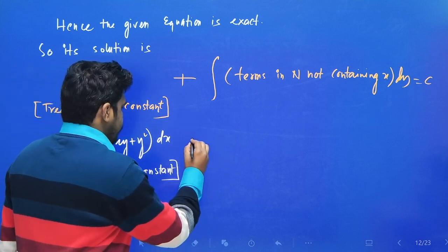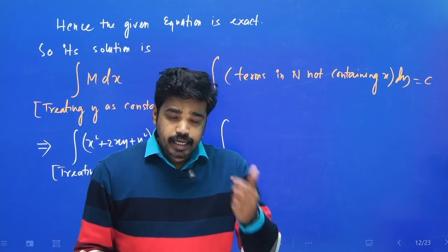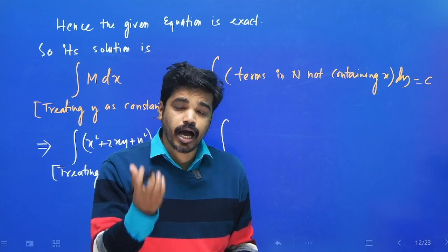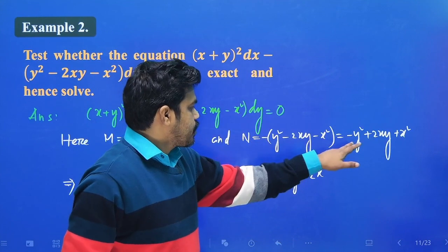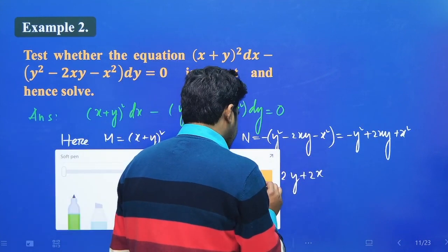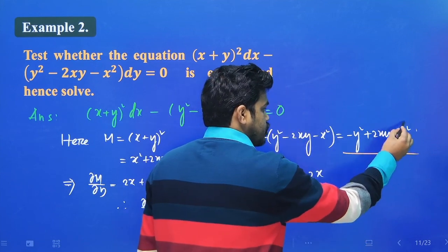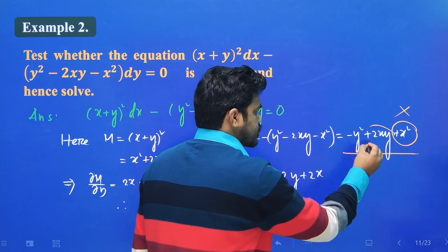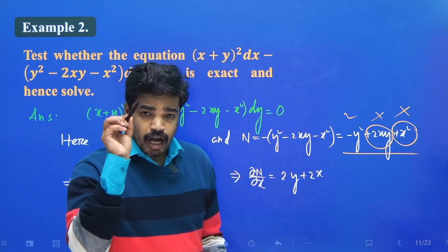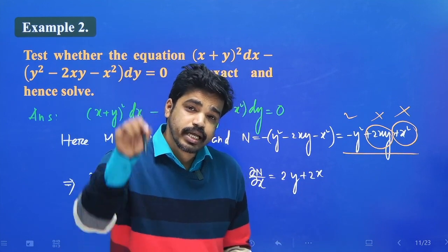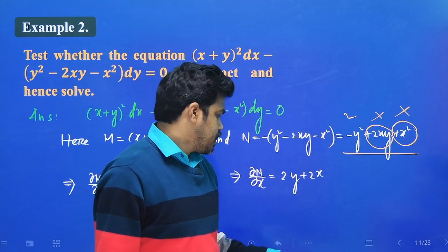plus integration terms in N not containing x. N এর মধ্যে যে সমস্ত term এর মধ্যে x থাকবে না সেই সমস্ত term গুলো লিখতে হবে। So this is N. Here there is x, so we cannot write this. Here also there is x, we cannot write this either. That means simply minus y square. Terms in N not containing x, that means simply minus y square.